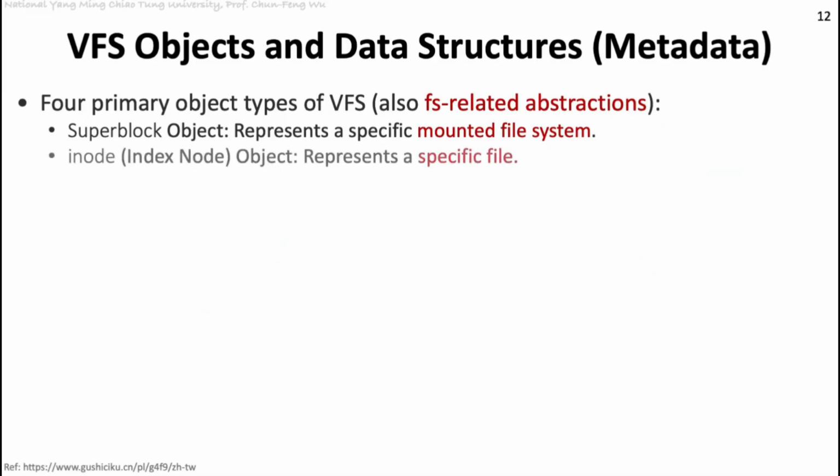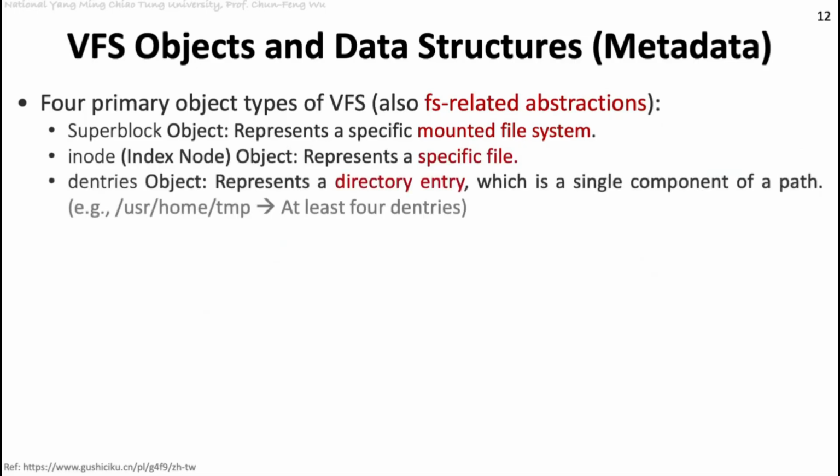The second one is the inode. The inode object represents a specific file on the storage device. And the third one is the dentry object, which represents a directory entry, a single component of the path.